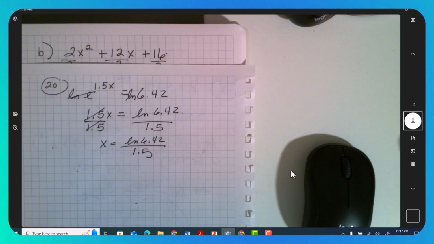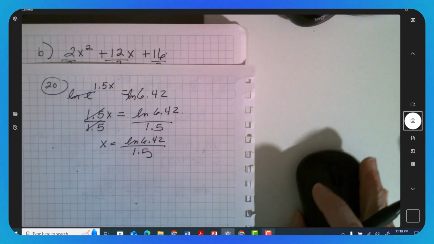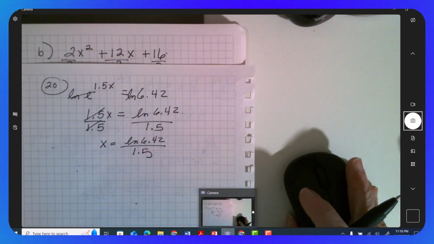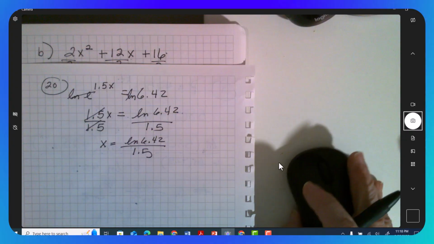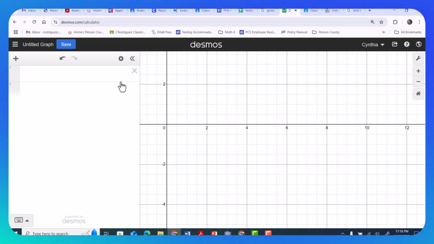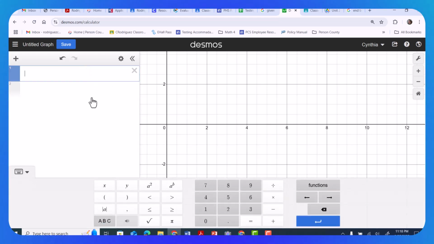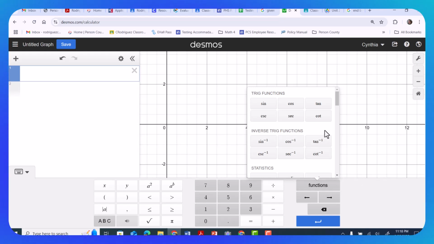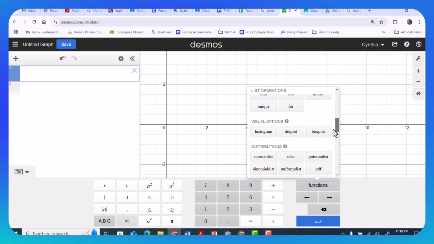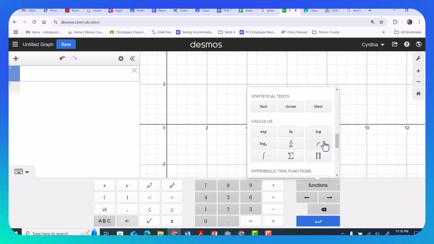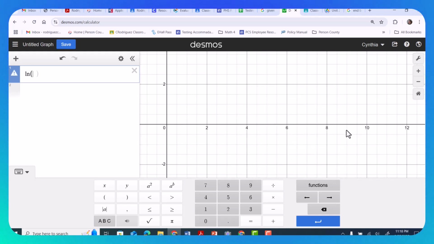So let me move over, open up Desmos, make sure that you've got that written down. All right, so we're going to put in ln. You can type in ln, or you can look for the function. I'm going to go down here and find the function.